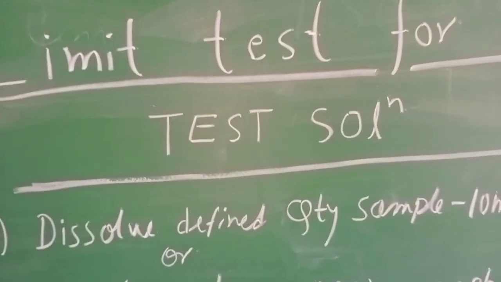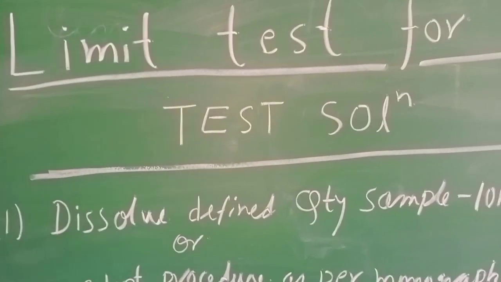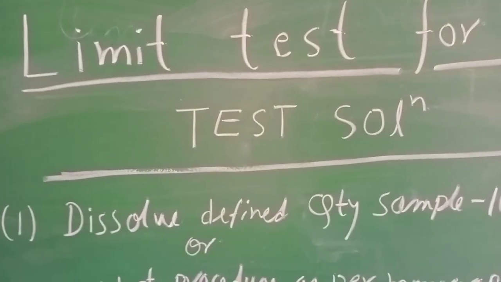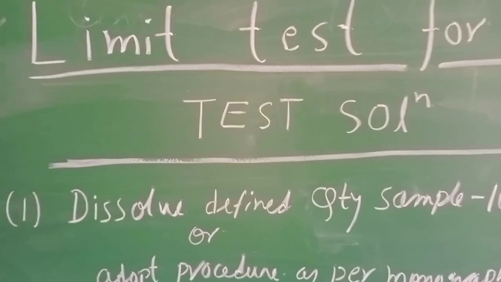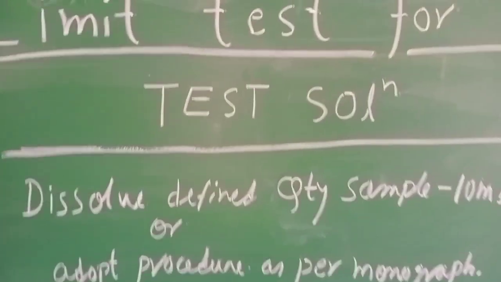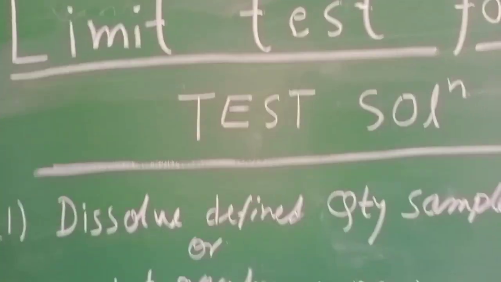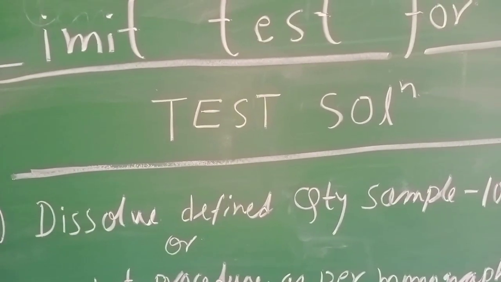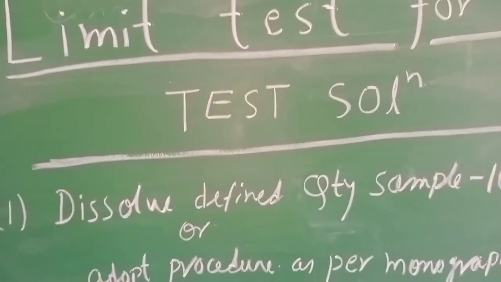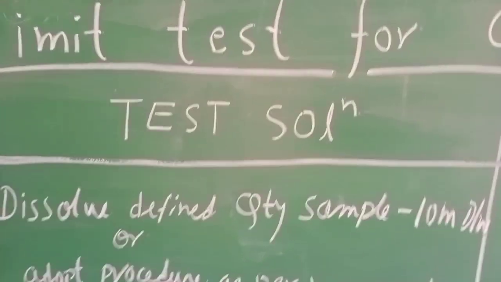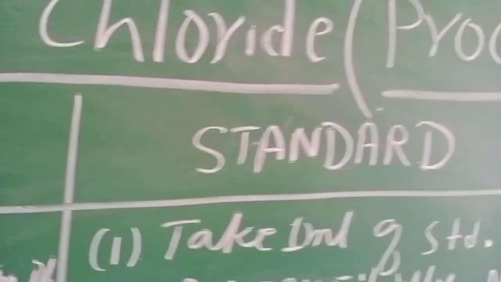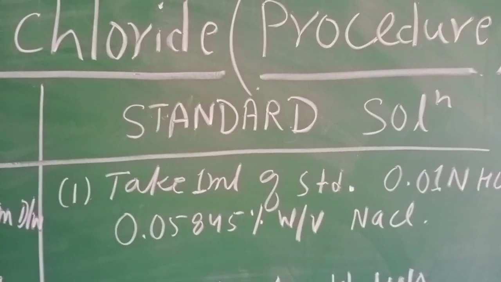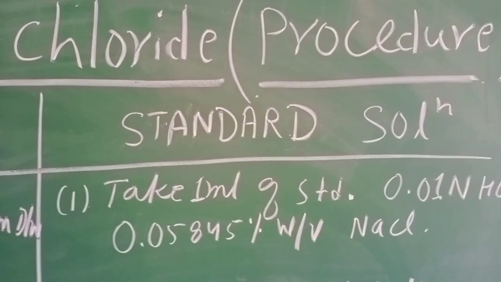As the test solution has an unknown quantity of chloride, we have to compare the turbidity or the opalescence produced by the test solution, by adopting the procedure for limit test of chloride, with the standard solution, which is also known as the reference solution.